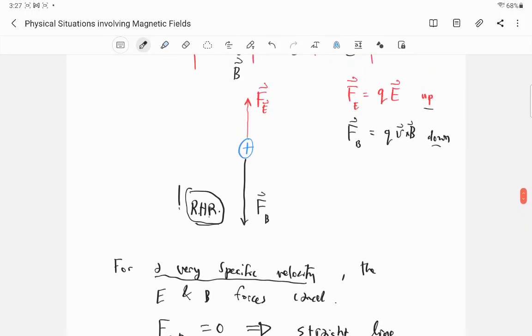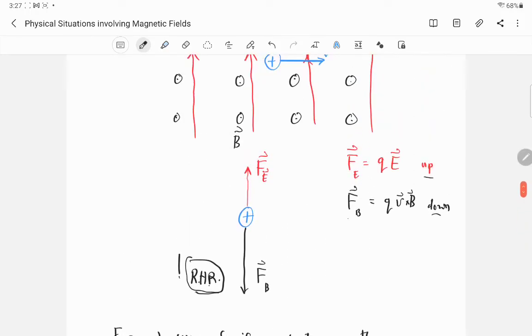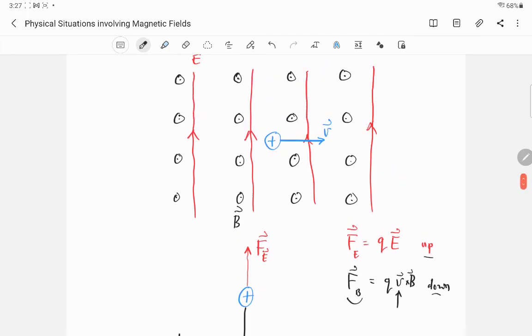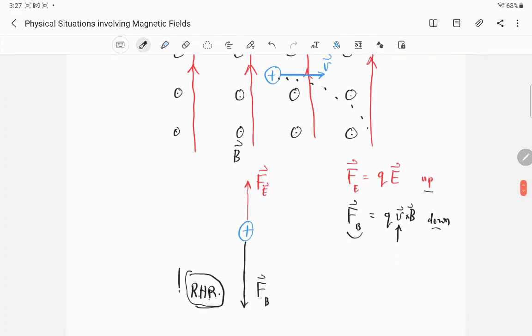You can imagine, since the magnetic force is the force that depends on the speed, if the speed is too fast, then the magnetic force is too big. You can see this black arrow is bigger than the red arrow. And so if the velocity is too fast, then it will divert downwards because the magnetic force was the thing that was too big.